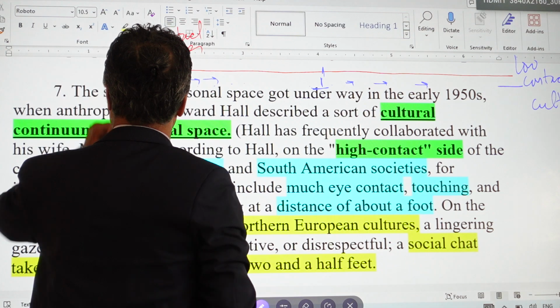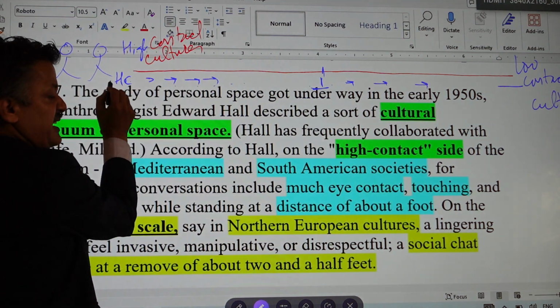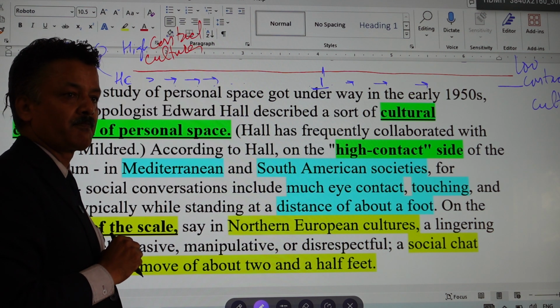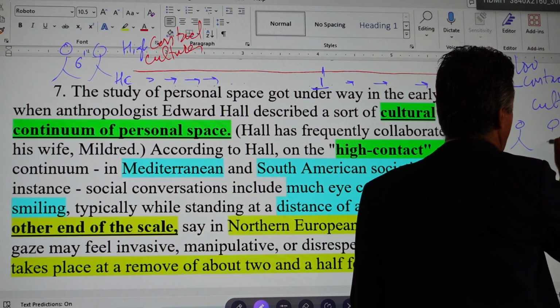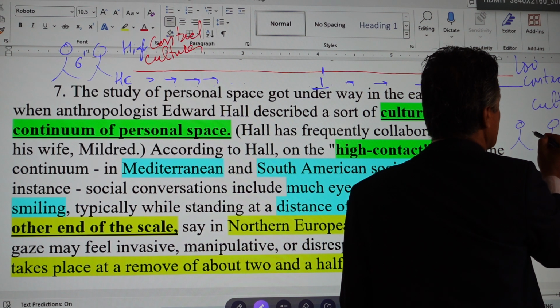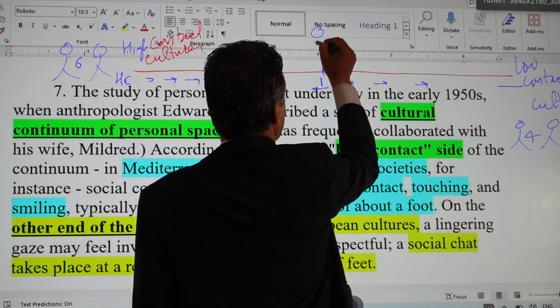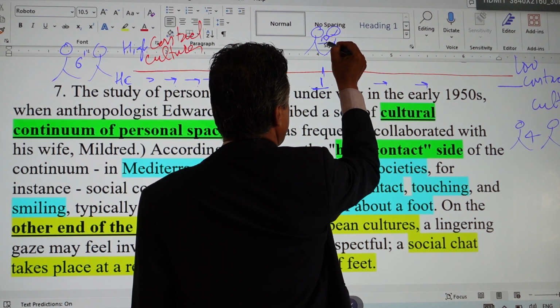For example, here, two people can stand as close as 6 inches. Here, two people can stand as far as 4 feet. Here, two people can stand as close as 18 inches.